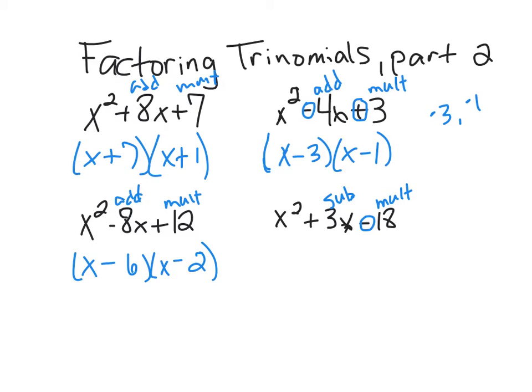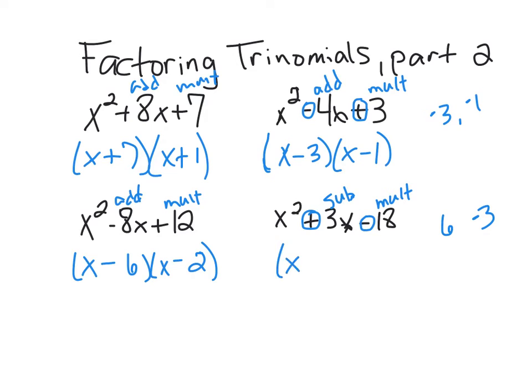Off to the side here, I'm thinking out loud: okay, that's going to be 6 and 3. Now I need to figure out how I'm going to subtract these numbers. I need to make sure that I get a positive 3, because that's a plus 3x. The only way I'd get a positive is if that's a positive 6 and a minus 3. So that plus sign is the sign that my bigger number gets.